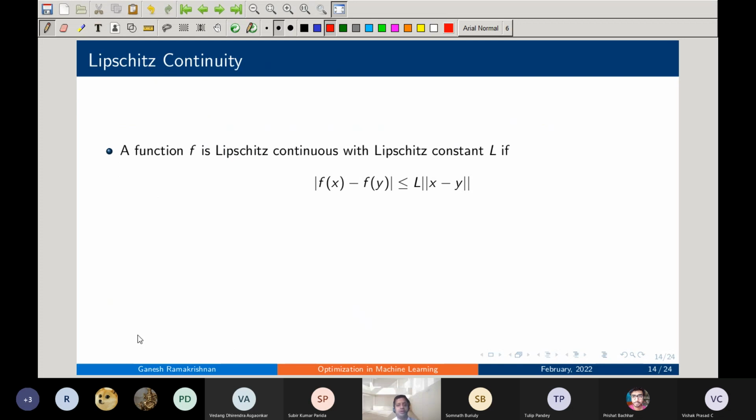So with this, let's move on to Lipschitz continuity. A function is Lipschitz continuous with a constant L if the rate of change of the function is in some sense upper bounded. One way of looking at the rate of change is the absolute value of f(x) minus f(y) relative to the distance between x and y.